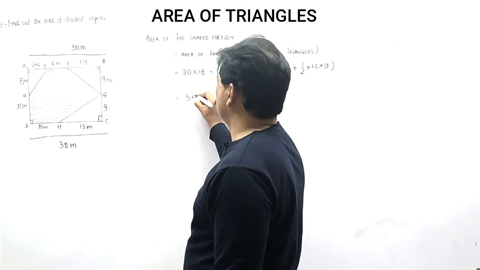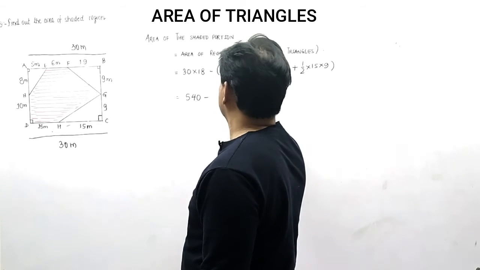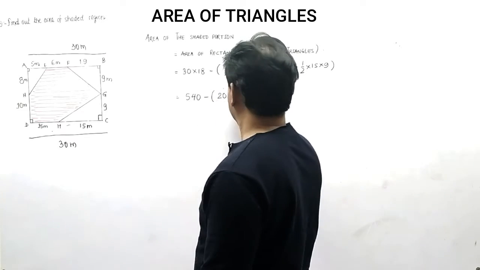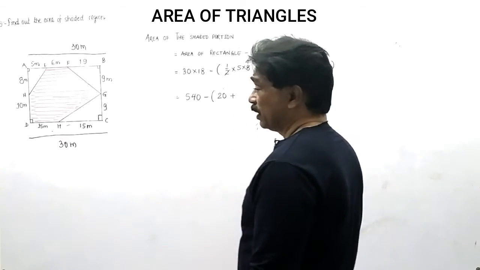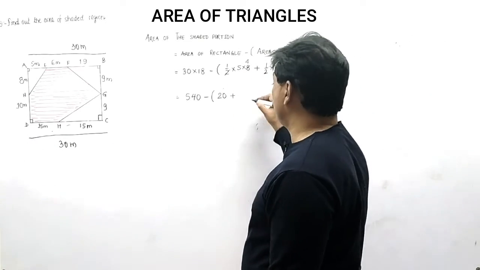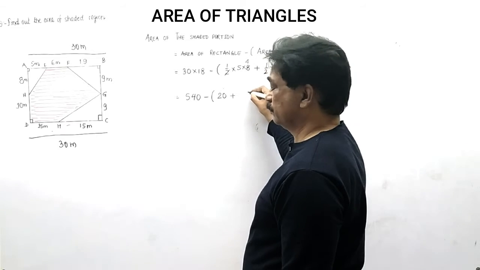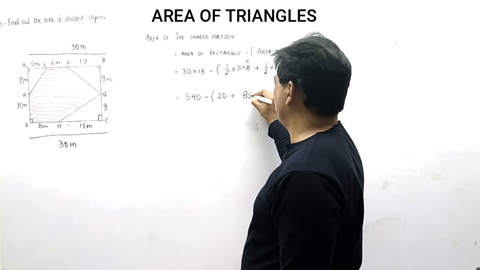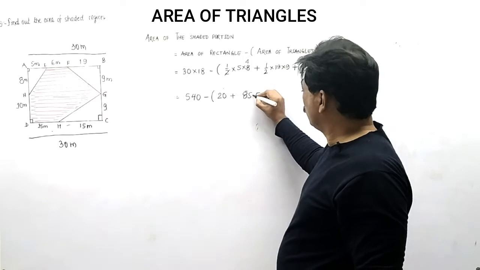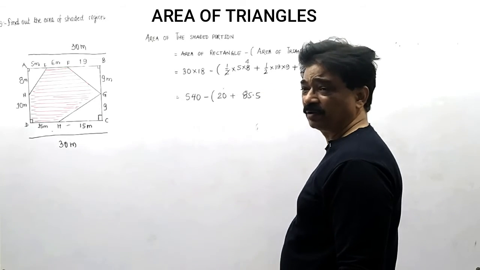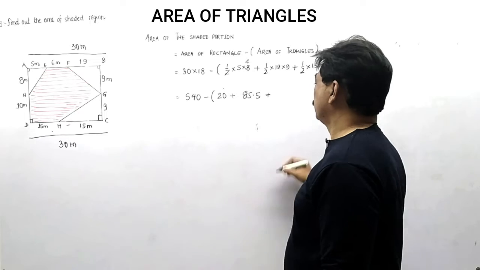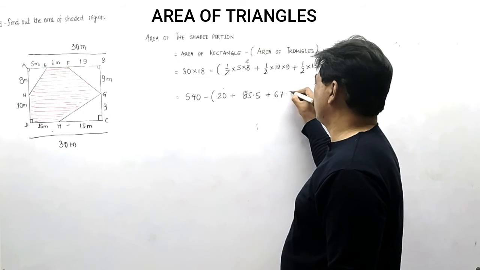So what will happen? 18 into 30 is 540. Half of 5 into 8 is 20. 19 into 9 is 171, divided by 2 is 85.5. And 15 into 9 is 135, divided by 2 is 67.5.